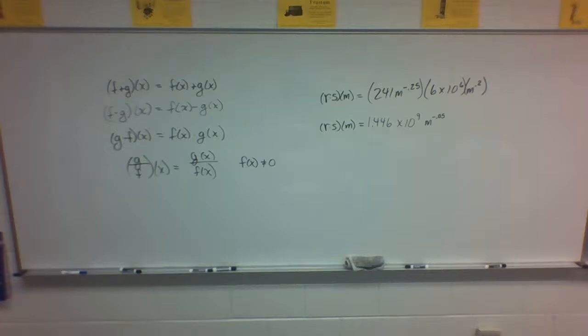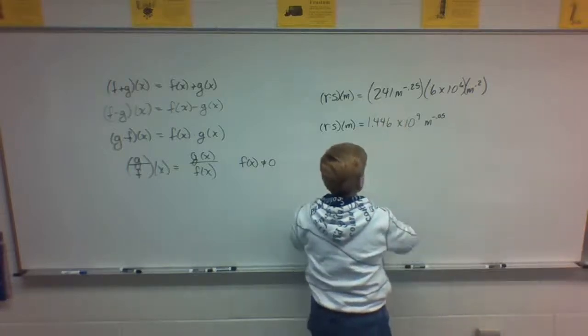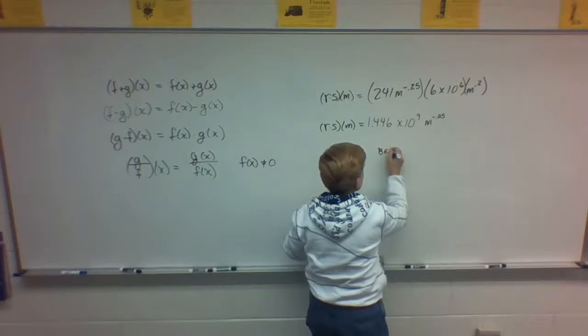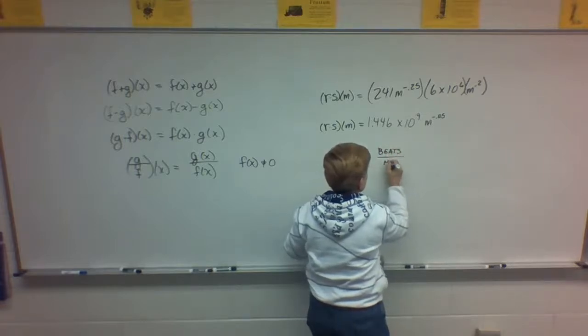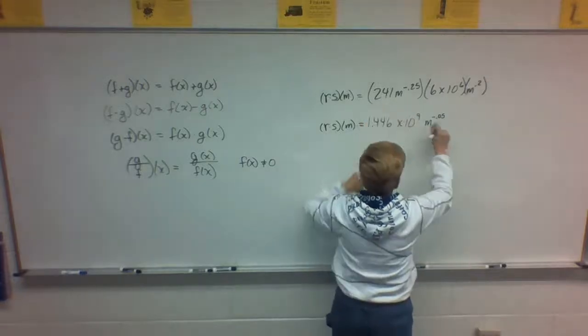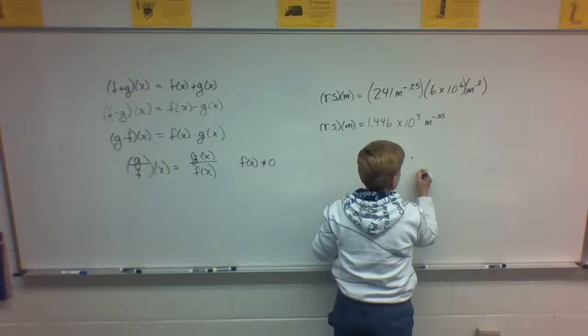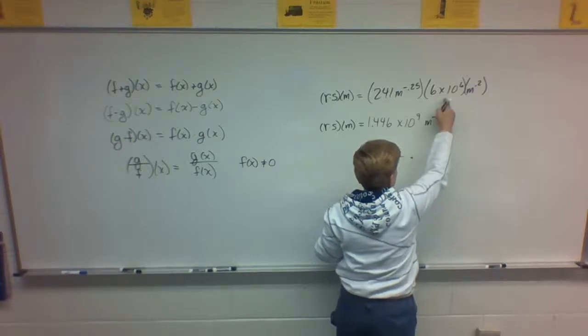Does that make good sense to you? If it doesn't, you can take a look at the units. This right here is in beats per minute. So look at the units. This is called unit analysis or dimensional analysis. This one's in beats per minute. What's this one measured in?